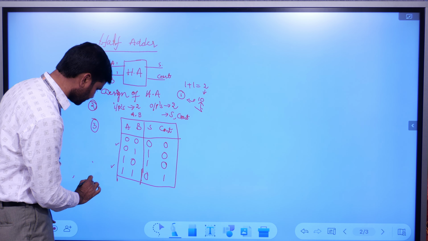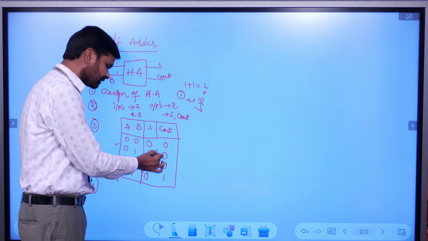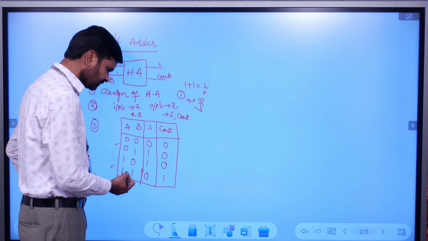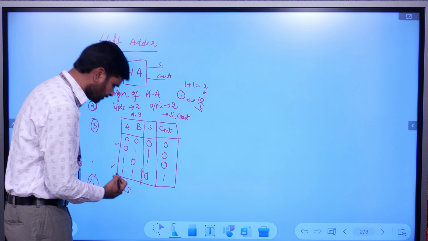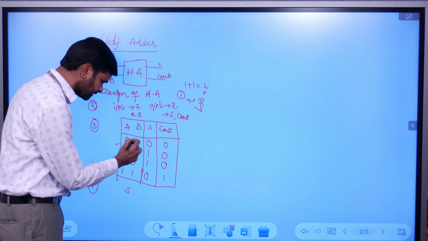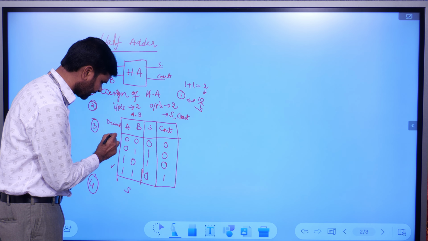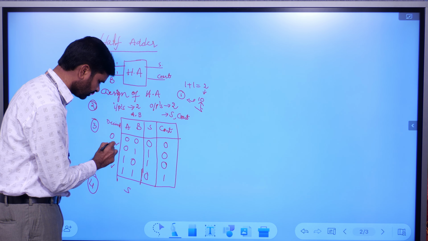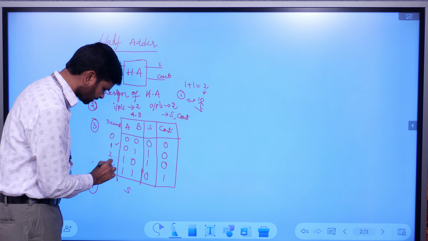Now the fourth step is Boolean expression deduction. Coming to this half adder circuit, we have only two inputs and two outputs. If we describe the input combinations in decimal format, they are equivalent to 0, 1, 2 and 3.